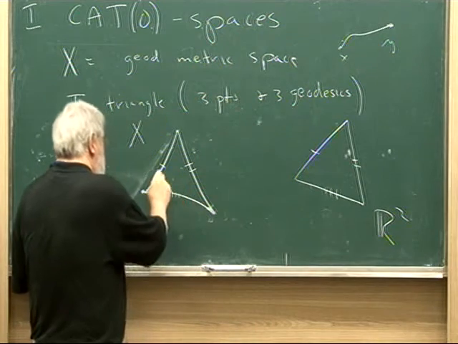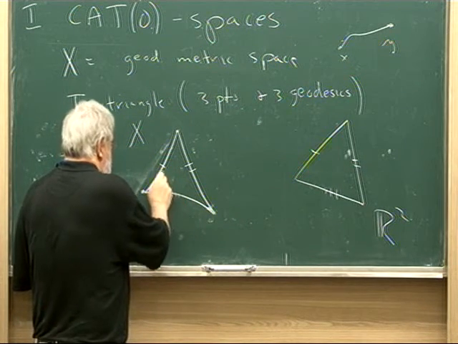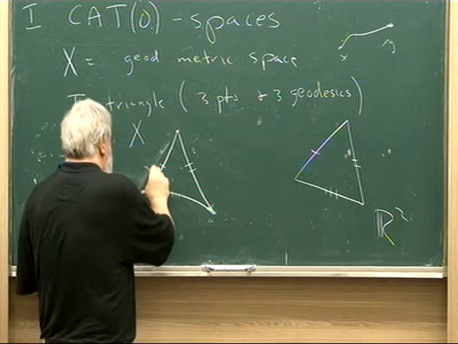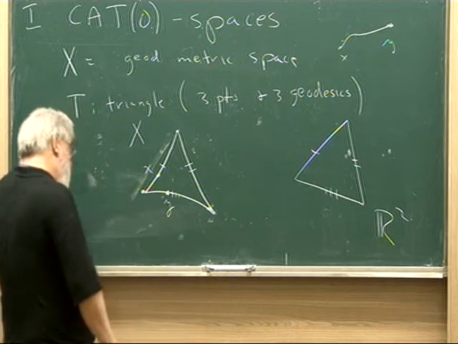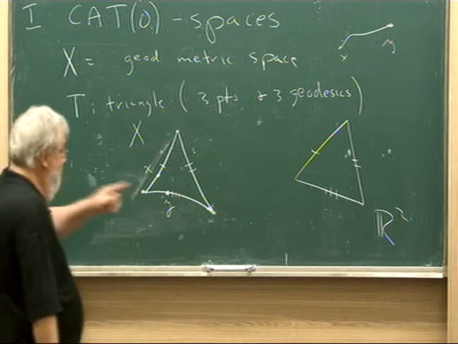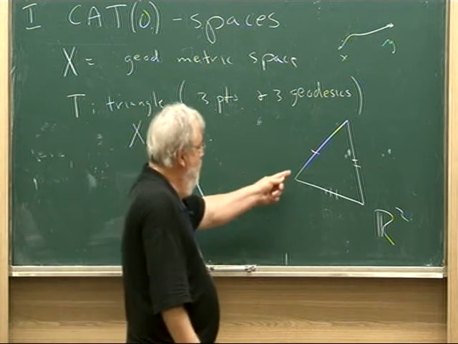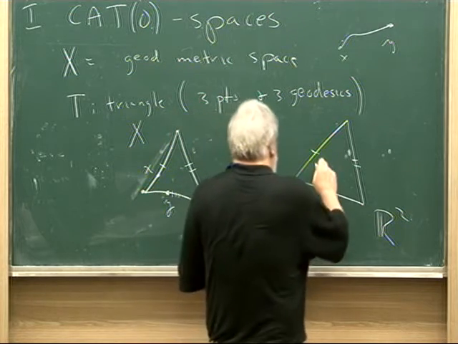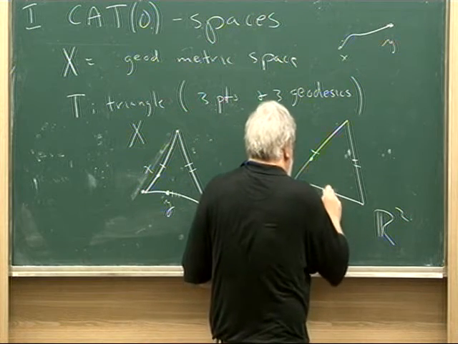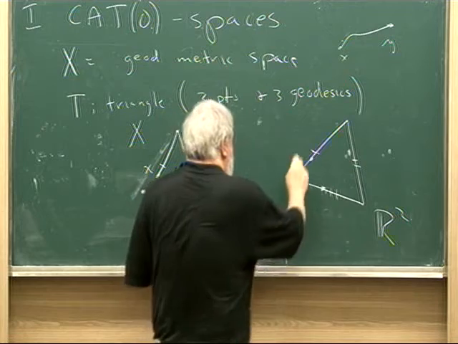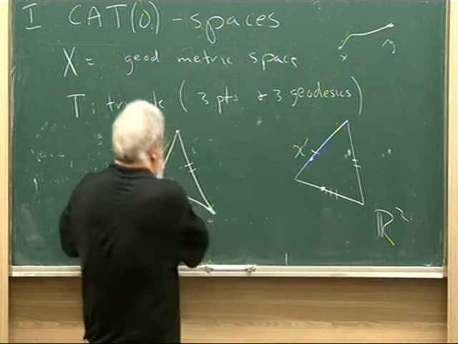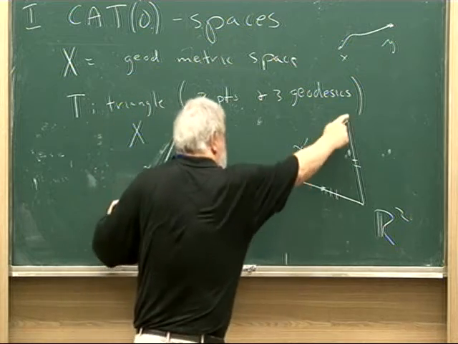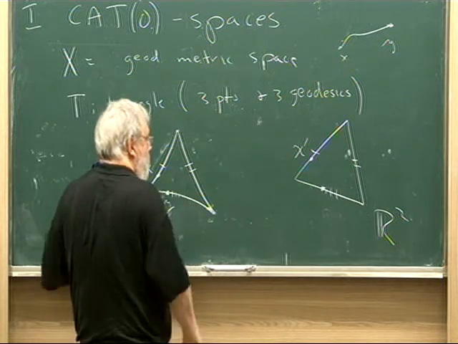Then if I take 2 points on 2 of these edges, actually you can let one be a vertex, but just take 2 random points, say x and y, on 2 of the edges, and then we can find the corresponding points over here on this Euclidean triangle. So this point x' has the same distance along this segment as x did along this segment.